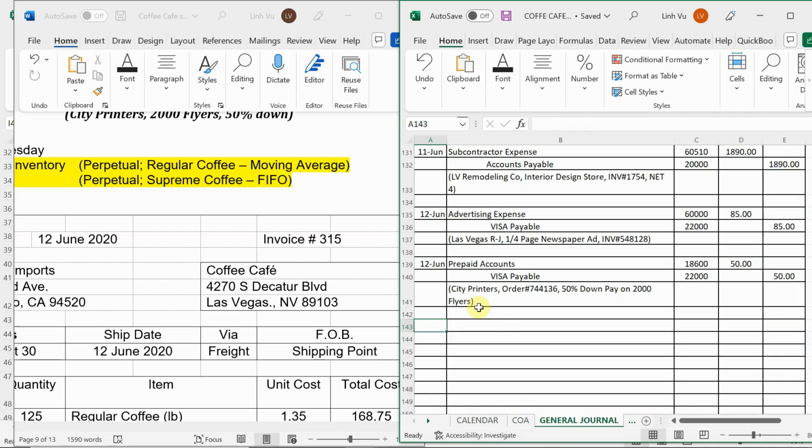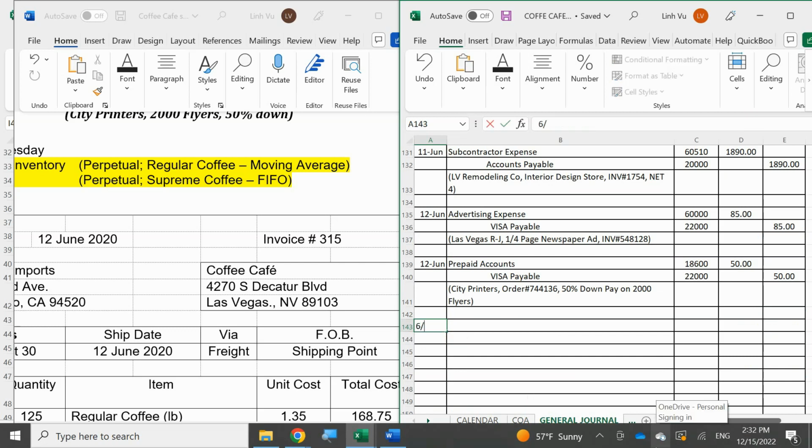Okay, good. So we got some regular coffee, and we got some supreme coffee, and we have accounts payable.